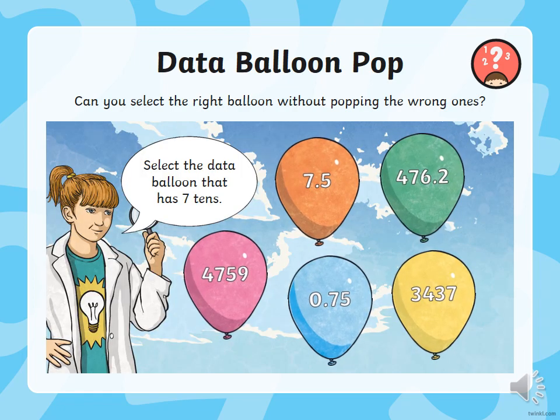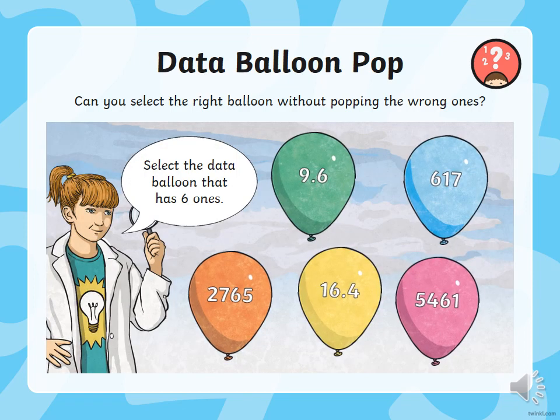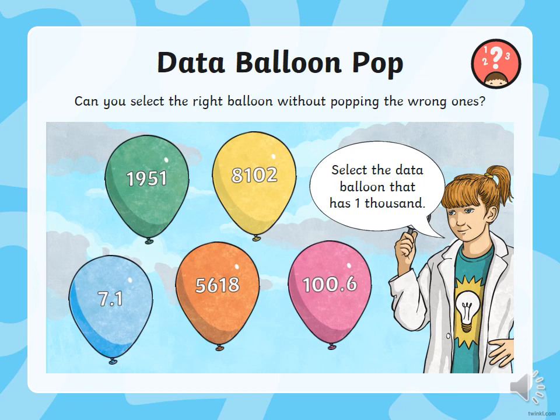Select the data balloon that has 7 tens. Excellent. It's the green balloon, 476. 9 thousands. Excellent. It's the purple balloon. 6 ones. Excellent. It's the yellow balloon. 1000.